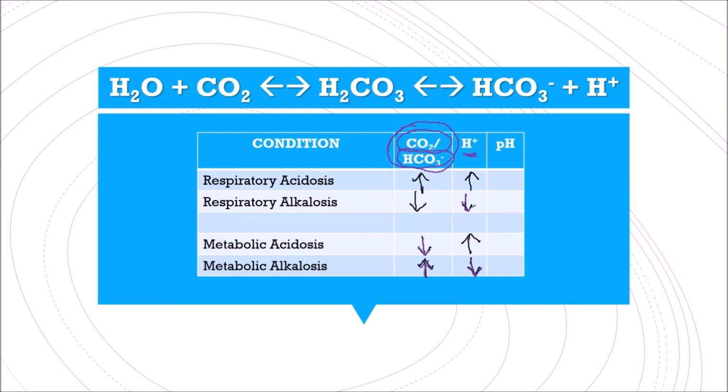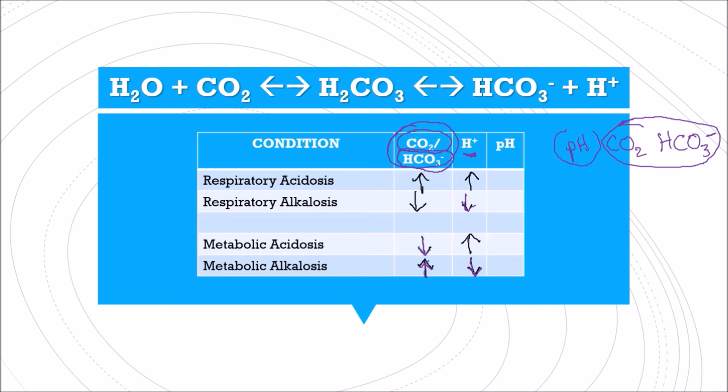Now that we can understand this, let's go back to what I first said. Say you're a nurse or a healthcare practitioner and a patient comes in and gets their blood taken. You are given their pH level, their carbon dioxide level, and their bicarb level, which again, these two are going to be the same. They're either both going to be up or both going to be down.